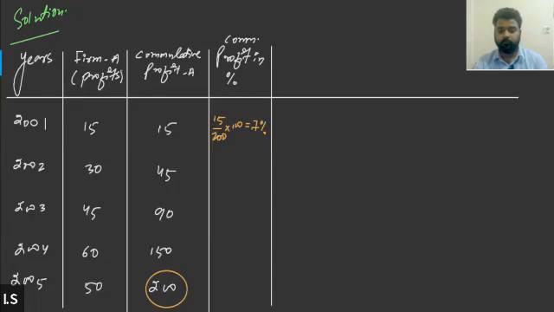Yes, sir. And similarly, profit for the year 2002 will also be calculated in terms of percentage. So it will be 45 divided by 2. So it will be, I think, 23 point, no, sorry, 22.5.